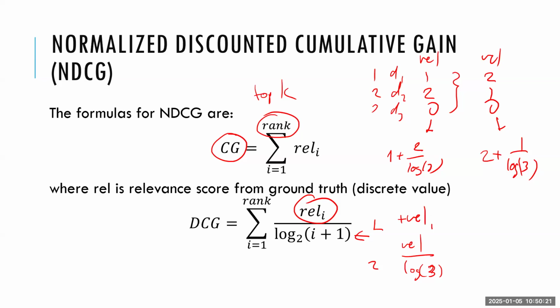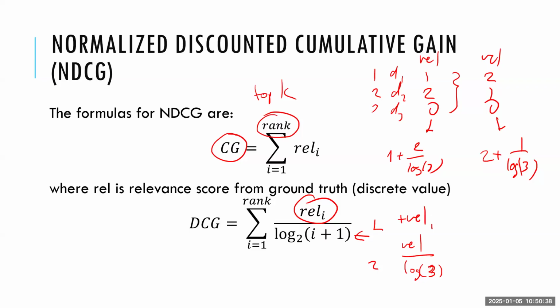So from the DCG perspective, not only do you want your relevant document to be placed on top, but you also want the one with more relevant score to be higher.